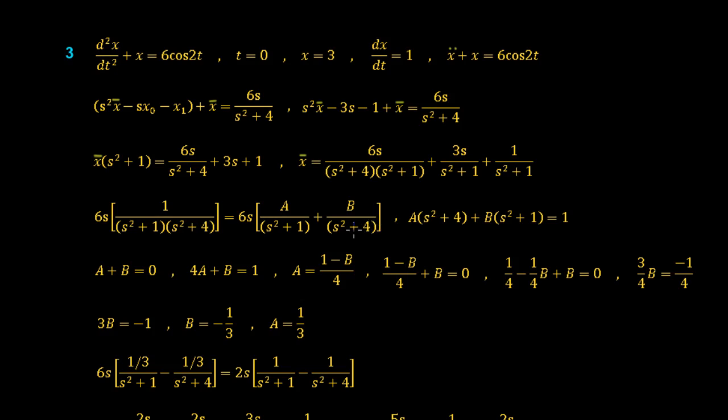Multiplying throughout, we have a times s squared plus 4 plus b times s squared plus 1 equals 1. We can then start taking coefficients. The coefficients of s squared give a plus b equals 0. The constant term gives 4a plus b equals 1.